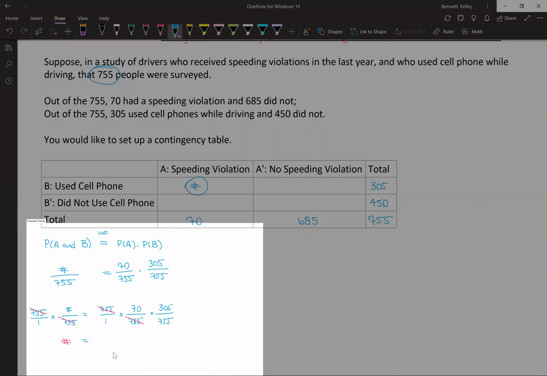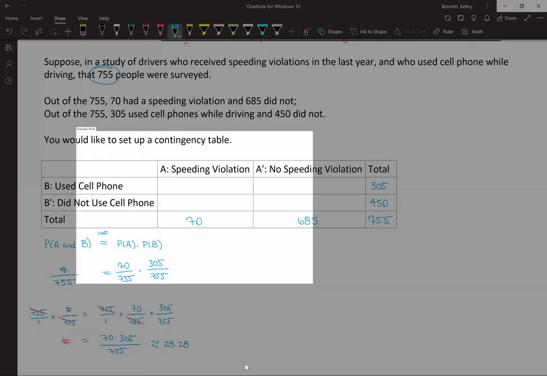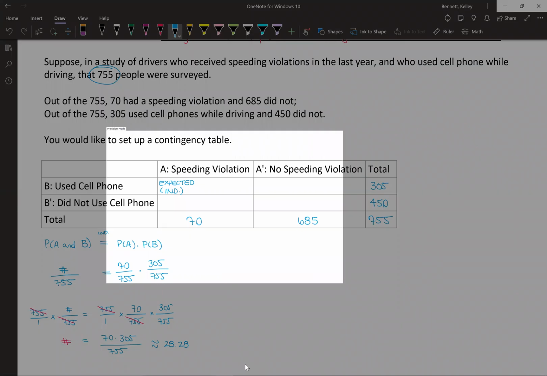So I just end up with 70 times 305 divided by 755. And if I put this on my calculator, I get approximately 28.28. And so in this way, I'm able to compute my expected value based on independence, right? Based on the assumption that A and B are independent, this should be 28.28.